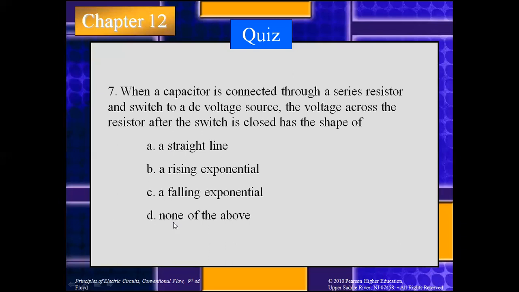And the last option is none of the above. So the correct answer here is a falling exponential, that is C.